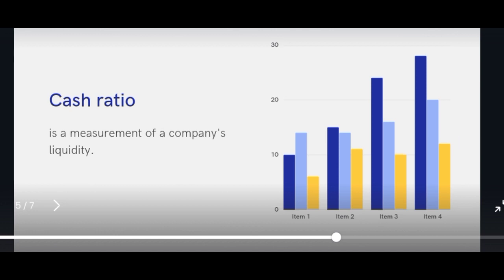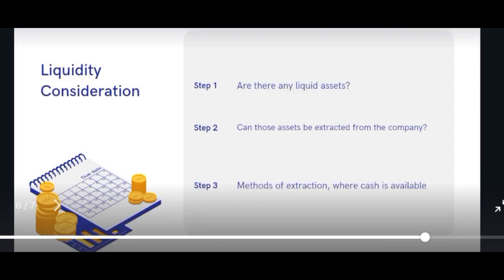So, next is the liquidity consideration. Ano ba yung kailangan natin mga i-consider? There are 3 considerations po. Are there any liquid assets? Can those assets be extracted from the company? Methods of extraction where cash is available. So, simple lang po. So, sa step 1 natin, ang ibig sabihin po nito ay kung meron ba tayong mga assets.